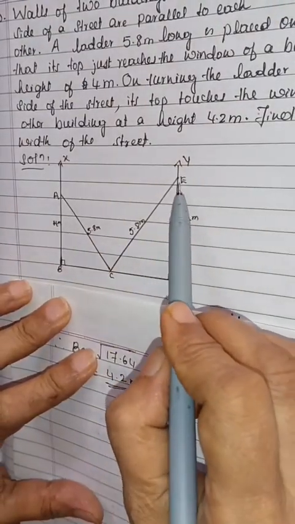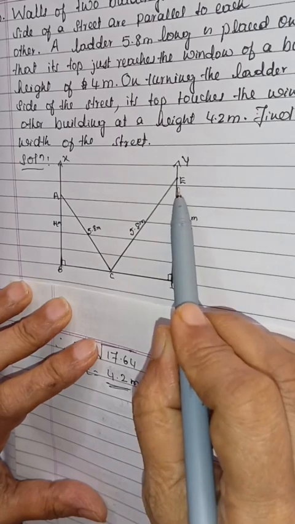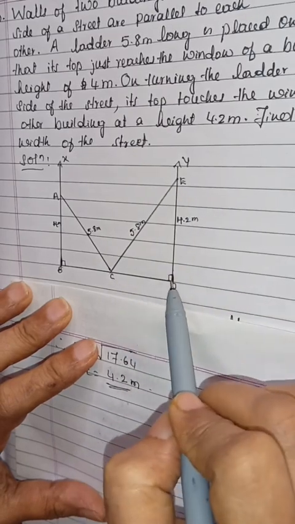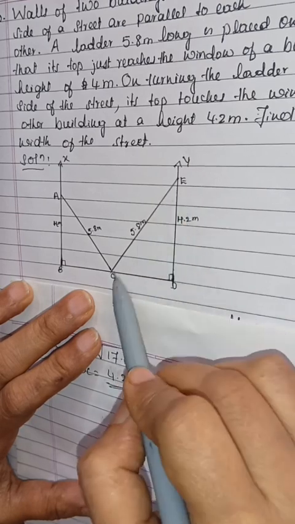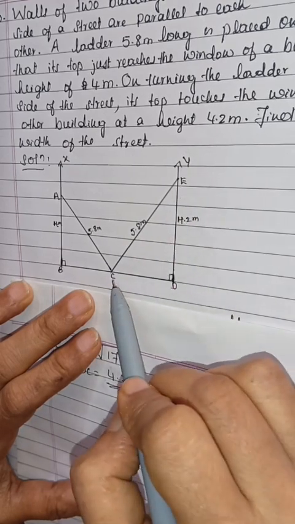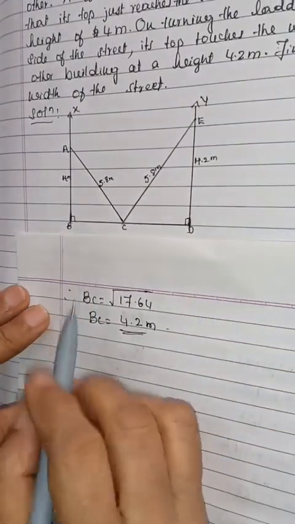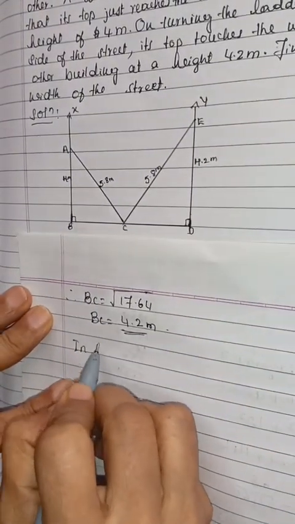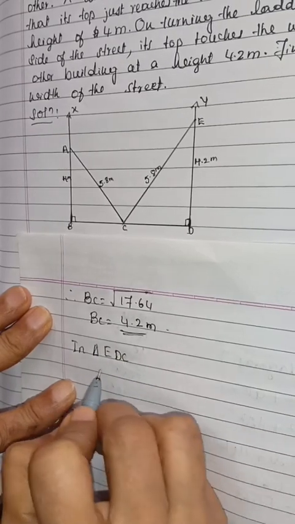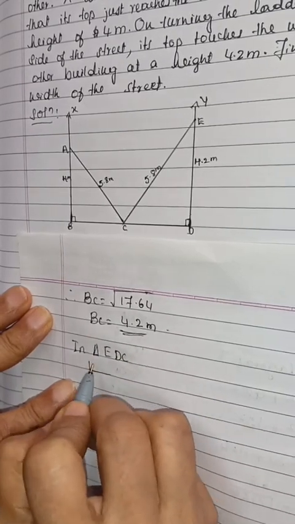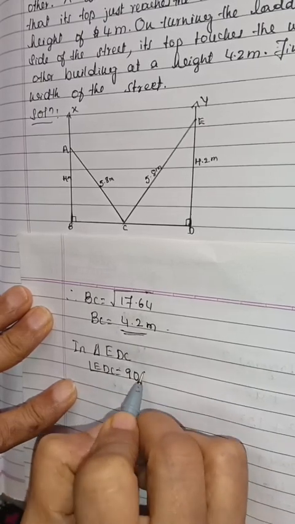Now in triangle EDC, angle EDC is 90 degree.